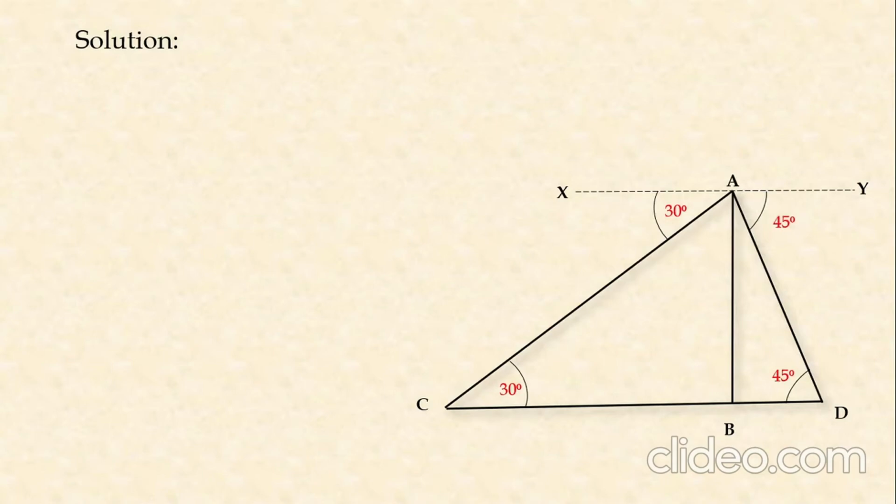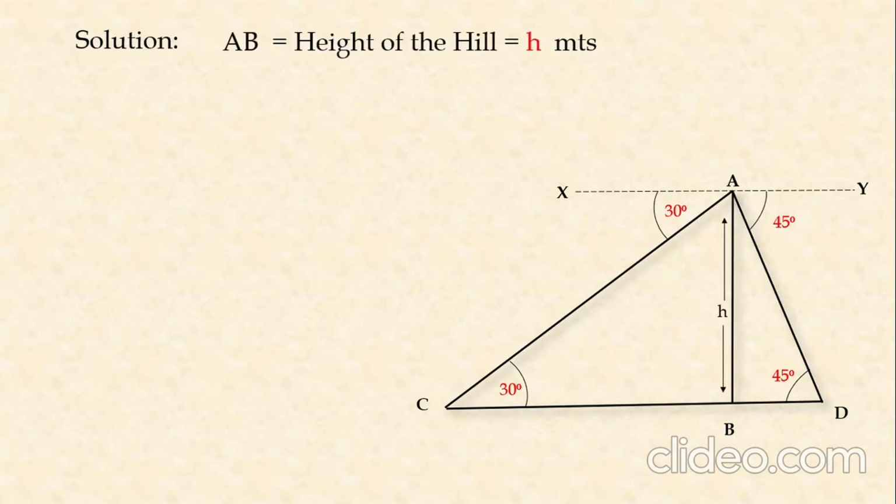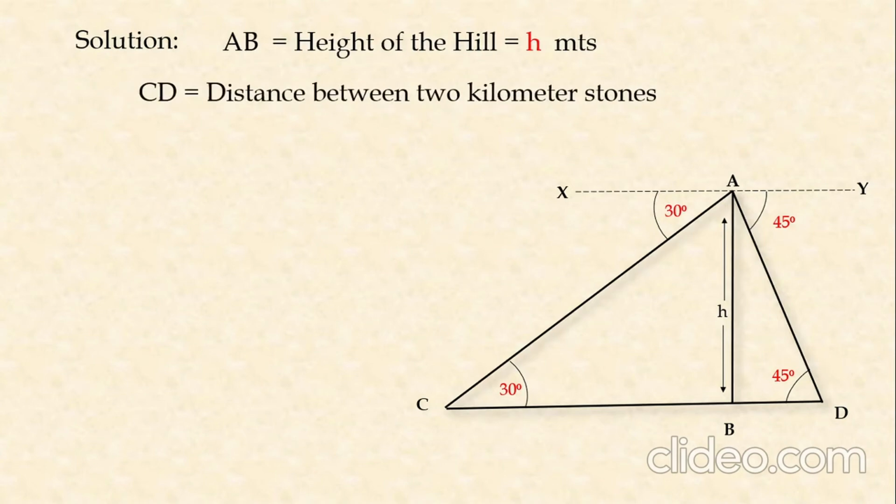Okay, now we are going to write the same measurements. The first one is AB, the height of the hill, which is h meters, and the second one is CD, the distance between the 2 kilometer stones.